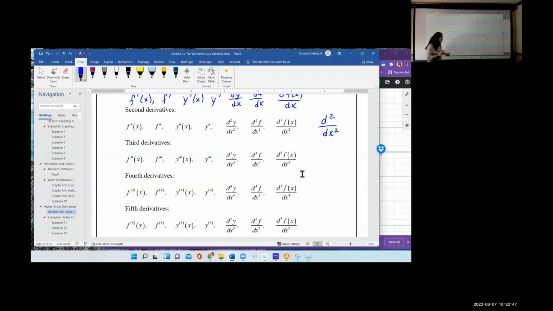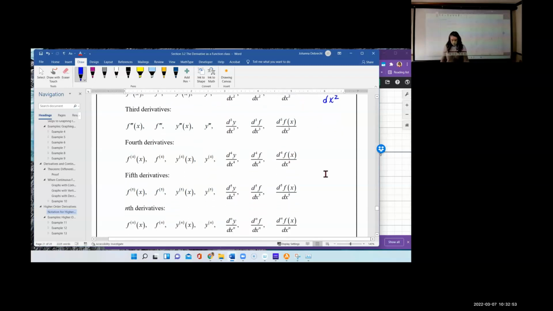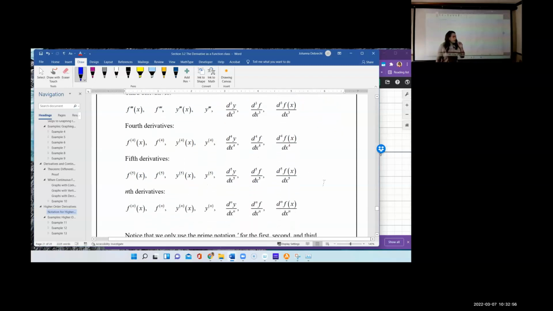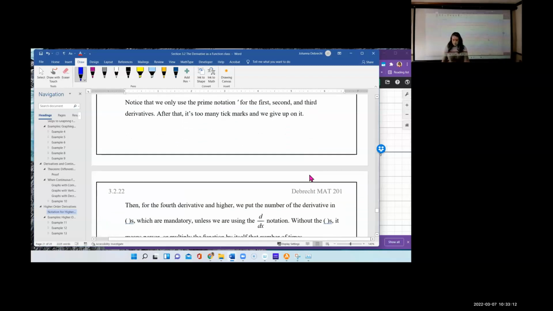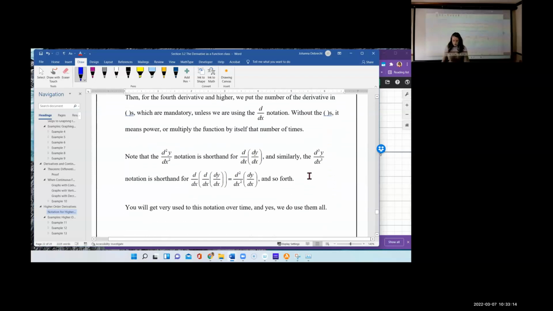Okay. And then this notation is the same. And then once we reach the fourth and the fifth and the nth derivative, we continue with the derivative number in parentheses between the f and the x where the prime notation would have gone. And then we leave that number in the d by dx form. So we only use the prime notation for first, second, and third.